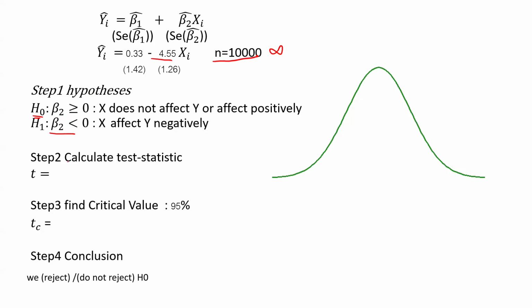Second step: t equals beta hat minus the number you are concerned with, 0, over standard error.